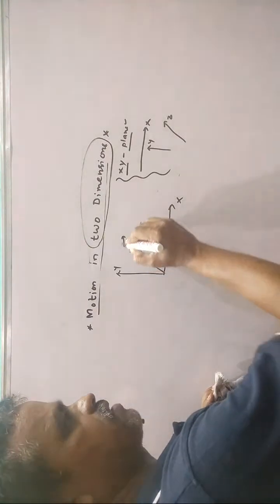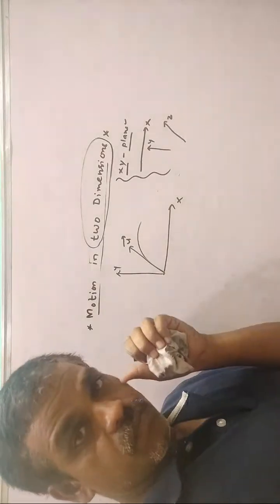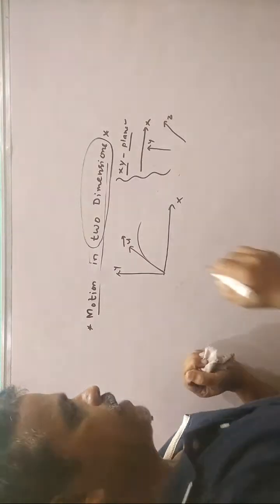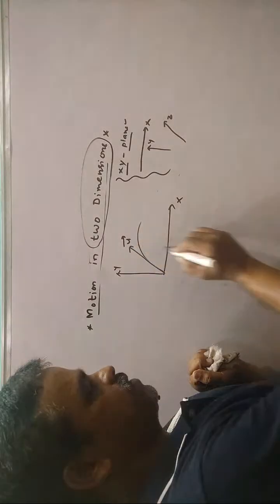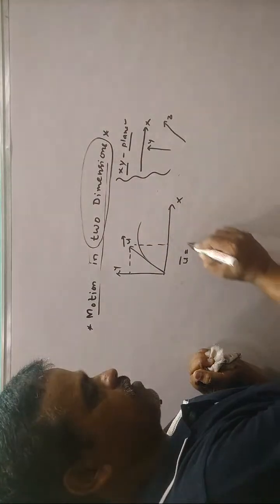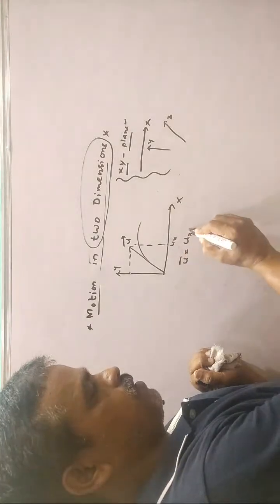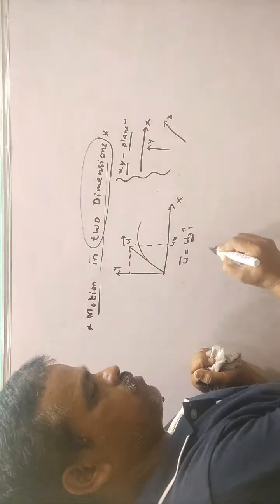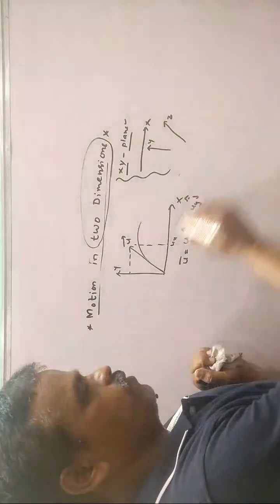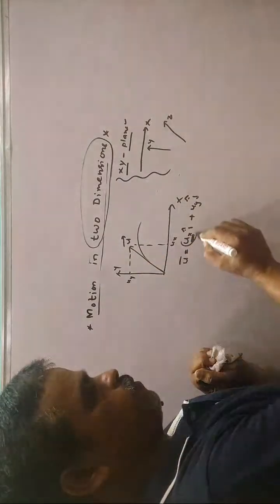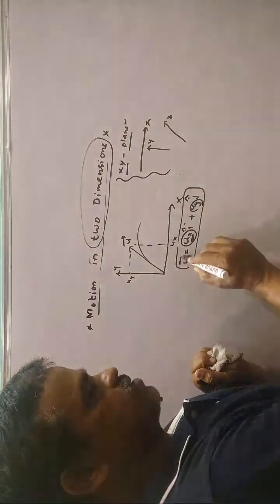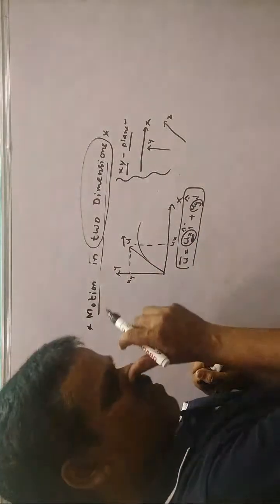Velocity is a vector quantity, and speed is a scalar. So the vector u we can split into ux along the x axis plus uy along the y axis. These are the magnitudes, these are the directions. So we can write the velocity vector as ux i cap plus uy j cap.